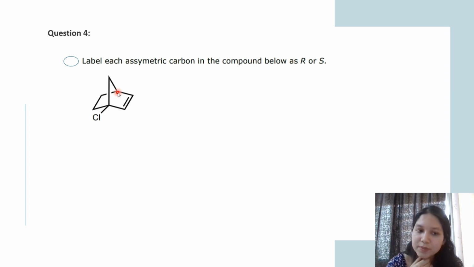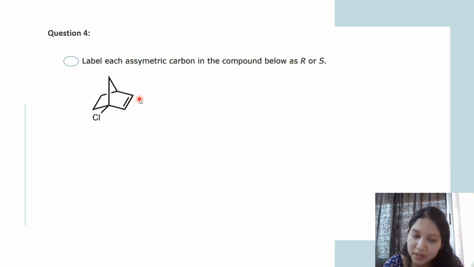So thus we have 4 substituents, and let us now give the priority to all the 4 substituents present on this carbon center. This substituent will be of first priority, just like we discussed earlier, because if we simplify this double bond, you will see that this carbon atom is connected to one hydrogen and 2 carbon atoms.